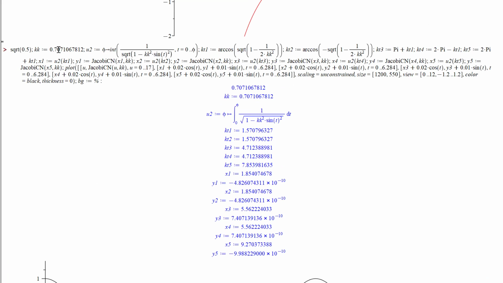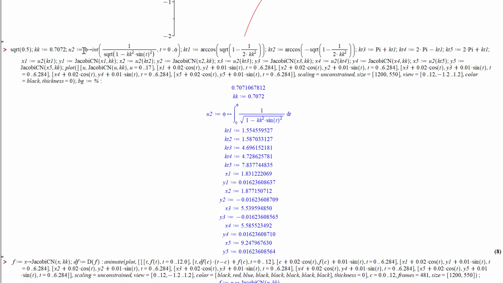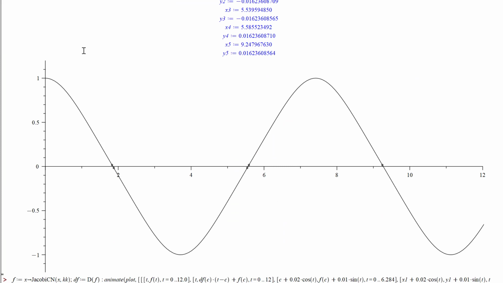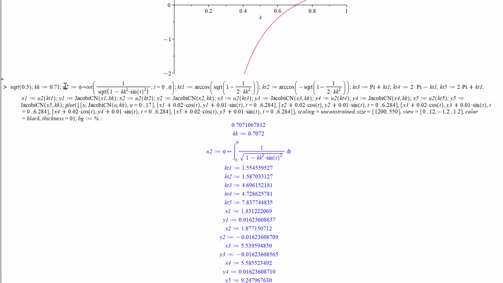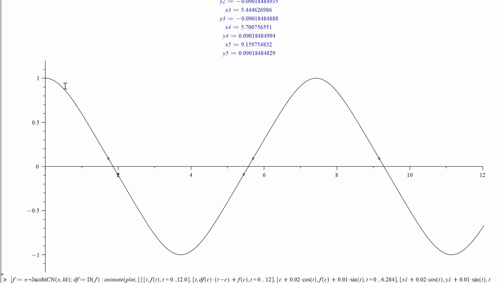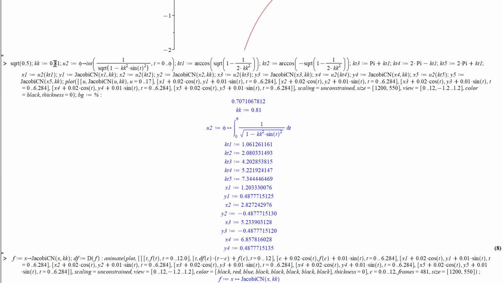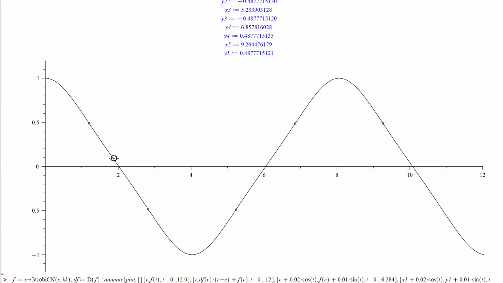So let me just go to say 0.7072. So maybe not too quickly, but that's where the points of concavity occur. 0.71. They start to separate out. 0.81. And they've gone most of the way they're going to go. They don't keep going away. They have a limit.